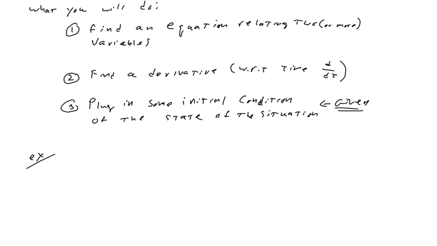So I want to say for this problem, we're going to solve for dy/dt, given dx/dt is equal to 2 when x is equal to 1.